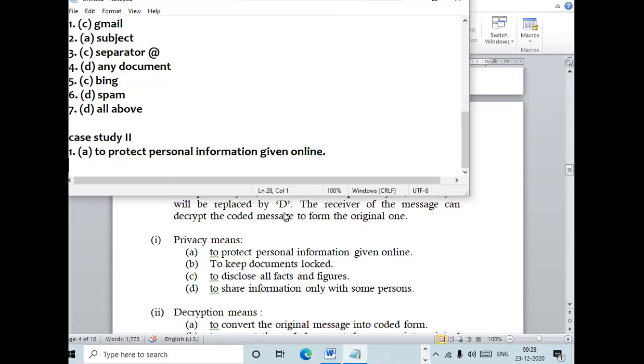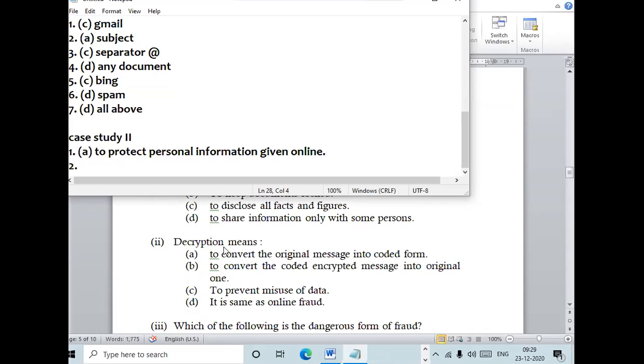Second MCQ. Decryption means, beta, encryption means that you have changed your message into some code. Why have you changed it into code? So that if any hacker tries to interfere, he or she may not be able to crack your data.